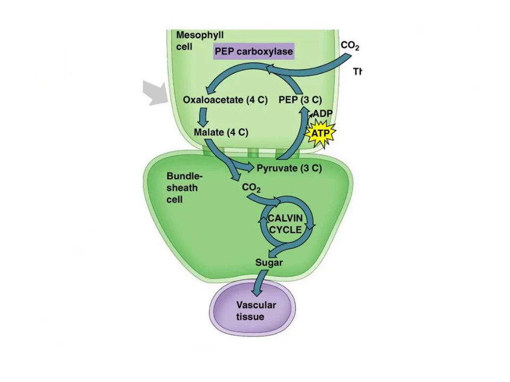So the pathway the plant will use to get the carbon into those bundle sheath cells is called the Hatch-Slack pathway. It's going to happen before the Calvin cycle ever happens. You can see here's my CO2 entering the plant.